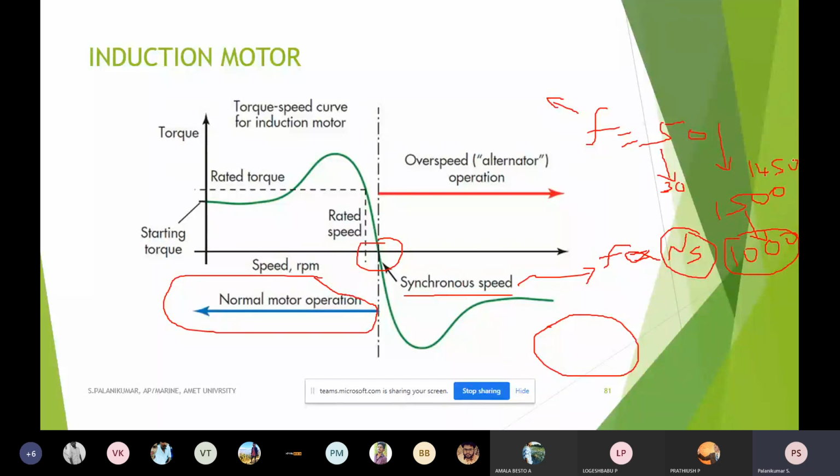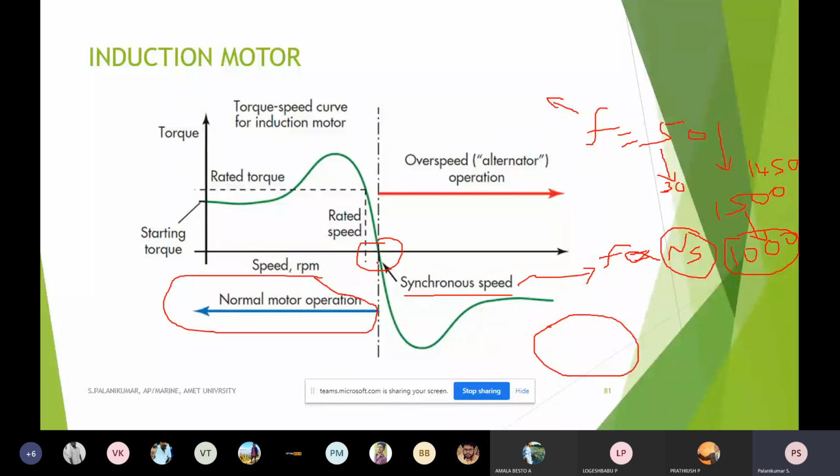Until it reaches a value below 1000 RPM, it will be acting as a generator. The torque will be in the opposite direction, which means it is decelerating.